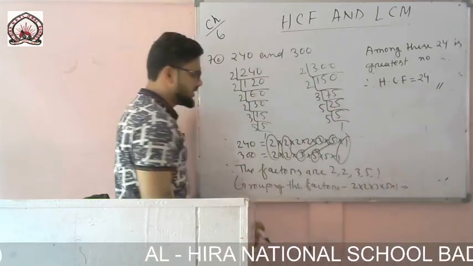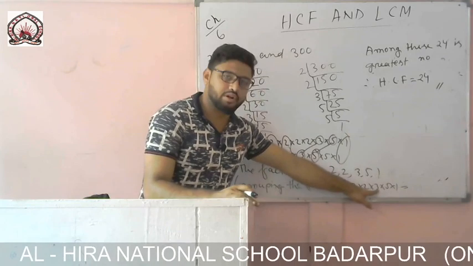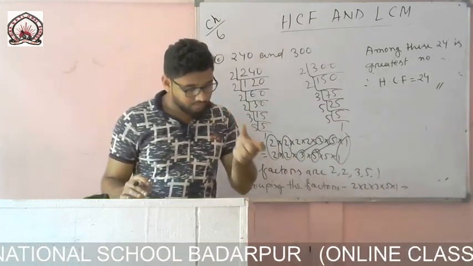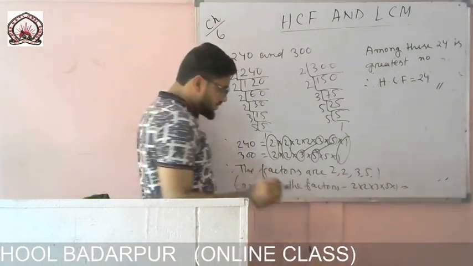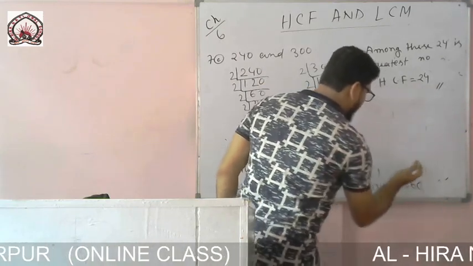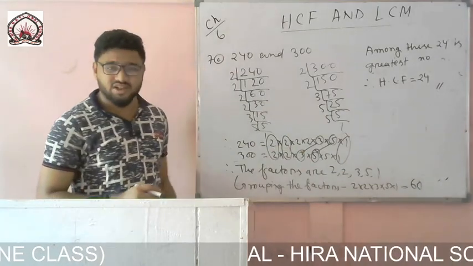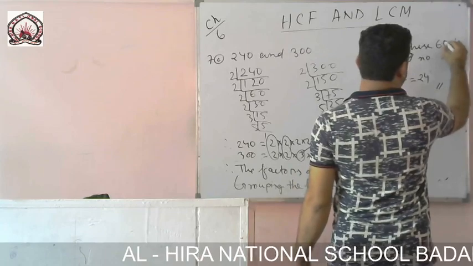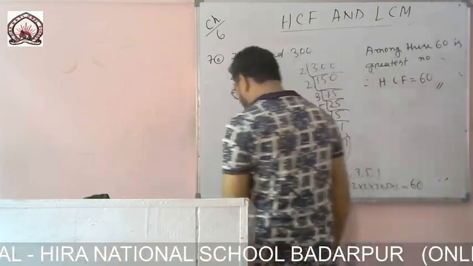Now you see, 2 twos are 4, 4 threes are 12, 12 fives are 60, and 60 ones are 60. Among these, 60 is the greatest number, so 60 is the HCF.